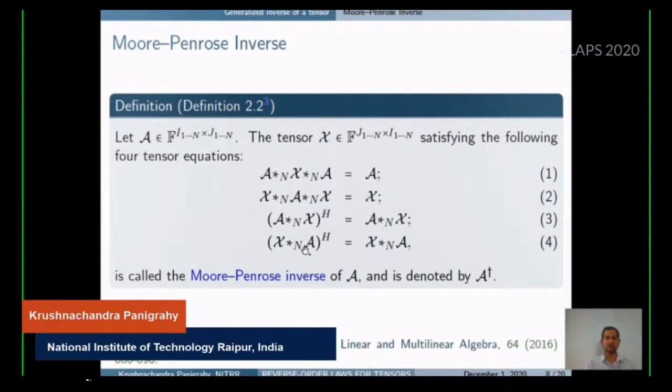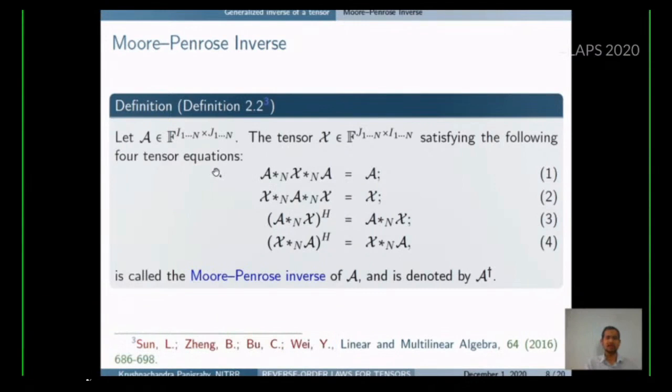In this case, we call the tensor X the Moore-Penrose inverse of A, and they also verified that such a tensor exists for every even order tensor and it is unique.